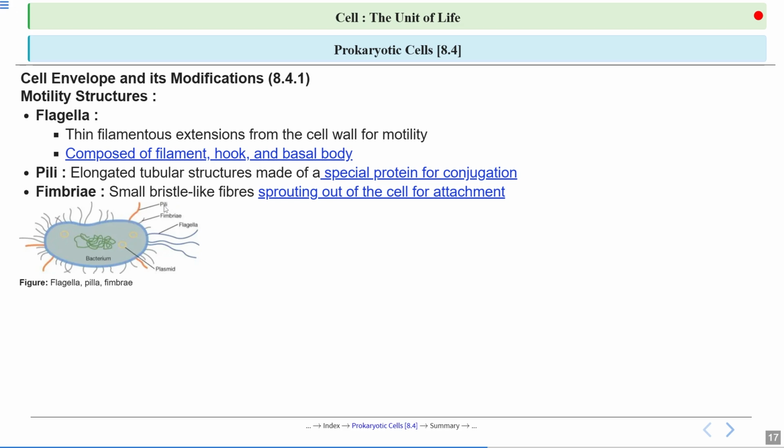These are the pili, which help in the conjugation process as well. This is the fimbriae, which help in the attachment of the bacteria to the rocks in the streams as well as to the host tissue. These are the flagella, which provide locomotion, which provide motility to the bacterial cell or prokaryotic cell.